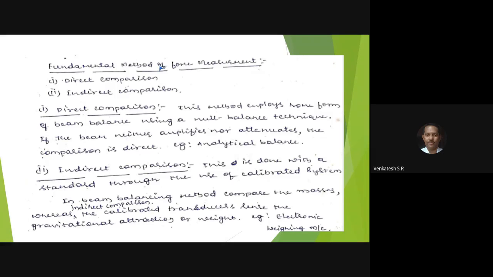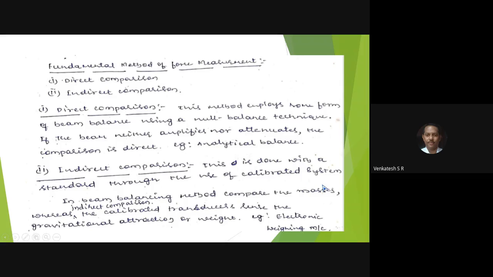If you keep the unknown weight on the platform, it exerts force on the strain gauges used in the sensors. Due to that force, there is a change in resistance, measured in terms of an analogous signal. That analogous signal is converted into a voltage signal. Again, that voltage signal is converted into digital form. That is read as the digital output in grams or kgs. So that is the indirect comparison.